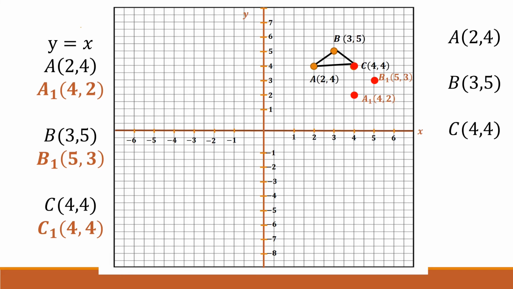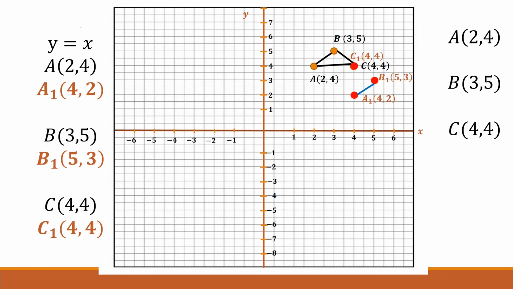Then we pick the last point, which is point C1, which is also 4 on the x-axis and 4 on the y-axis. And so because the object point was (4, 4), it had the same image point, (4, 4). That is why they are all plotted at the same point.